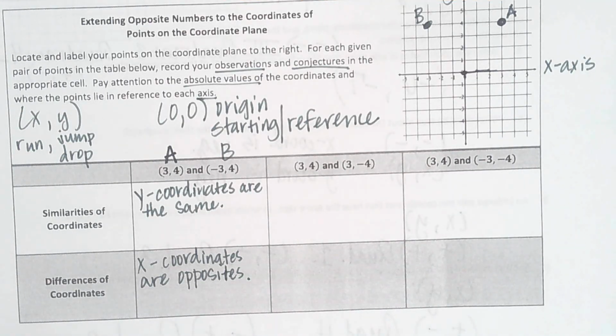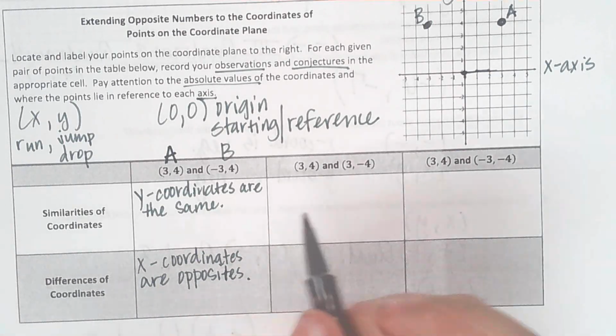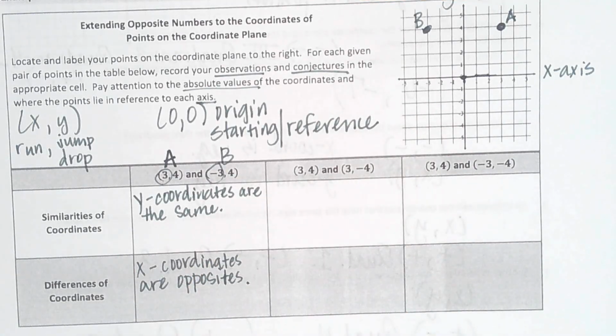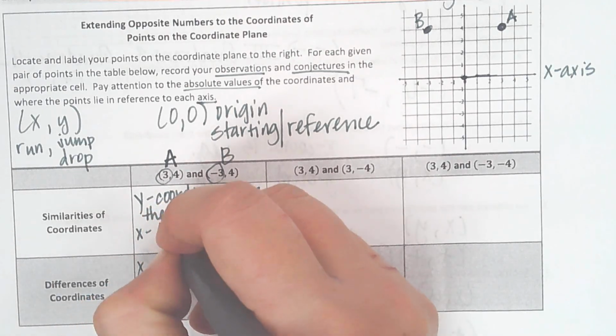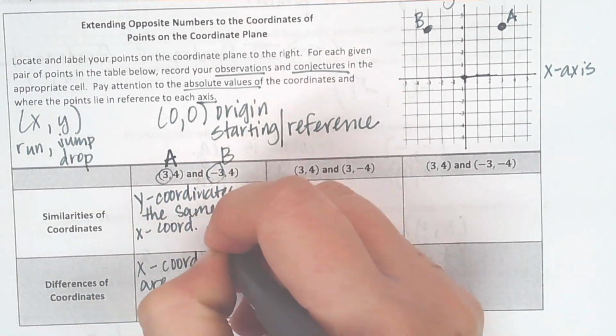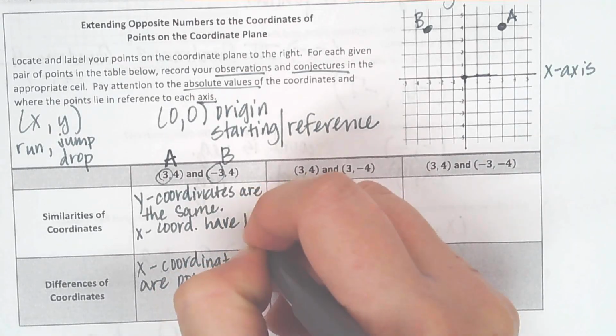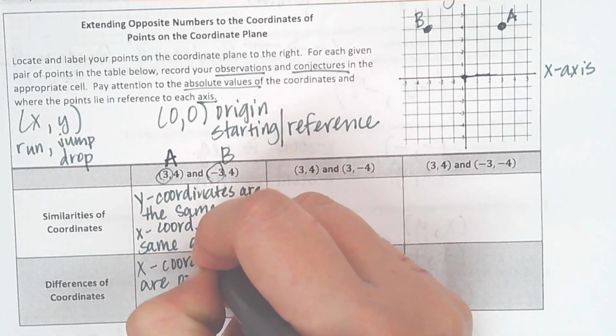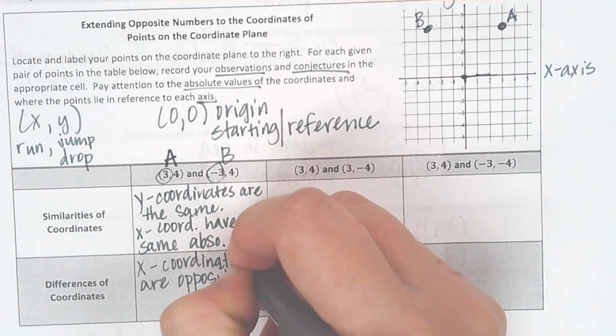Now, there is one more thing that's the same about the x's. If you look at our x's, 3 and negative 3, they do have something in common. They're both 3 units away from 0. So the x coordinates have the same absolute value.